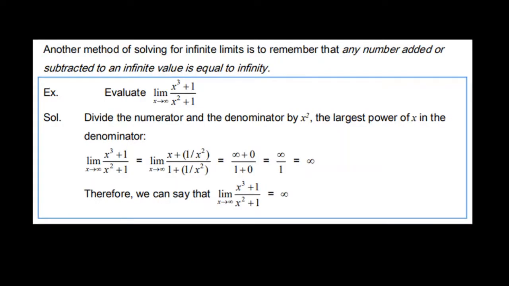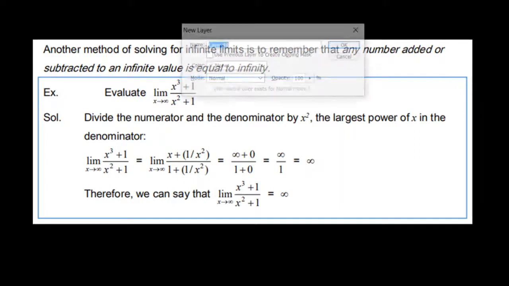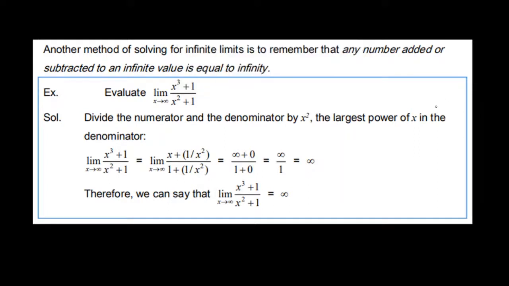This time, guys, we have an example, but it's a fraction. You will also see this in your module. So, evaluate x cubed plus 1 over x squared plus 1 as x approaches infinity.